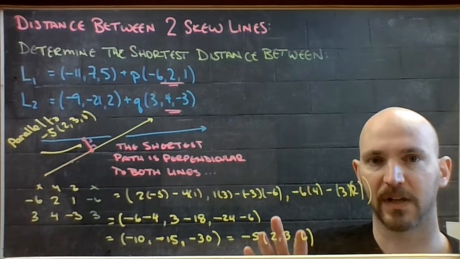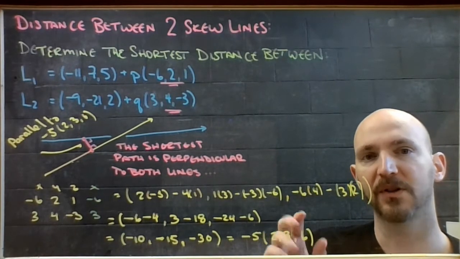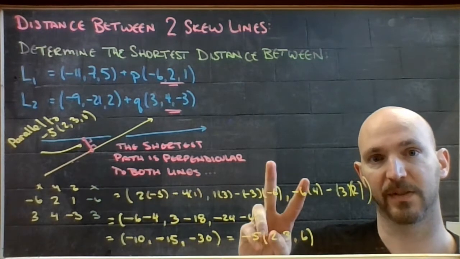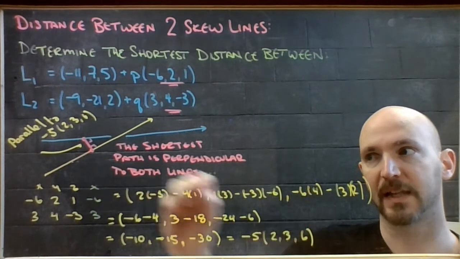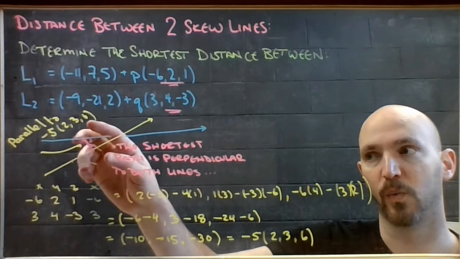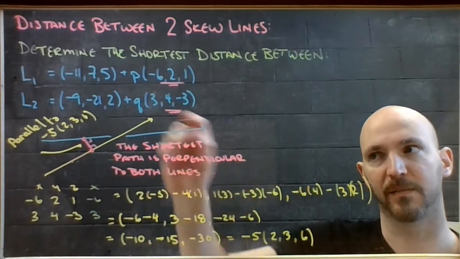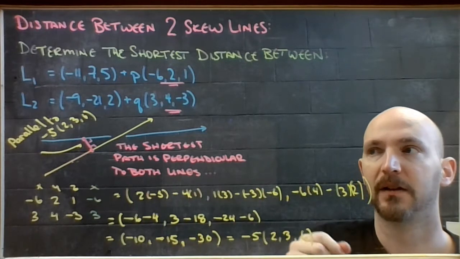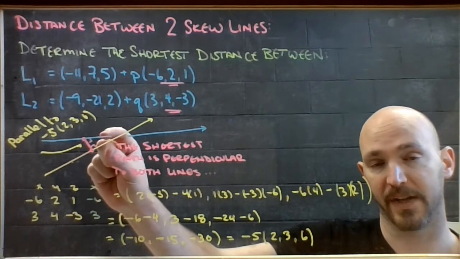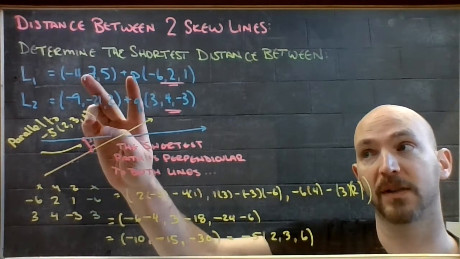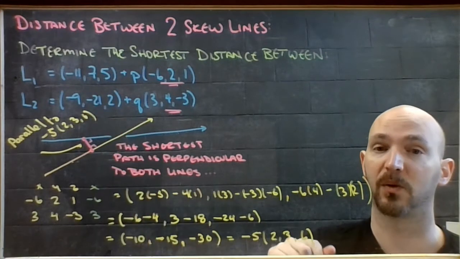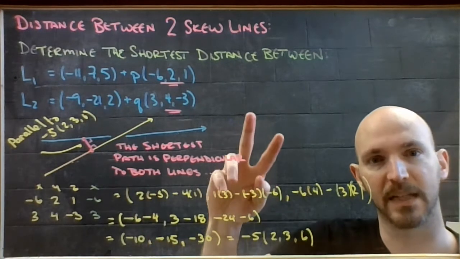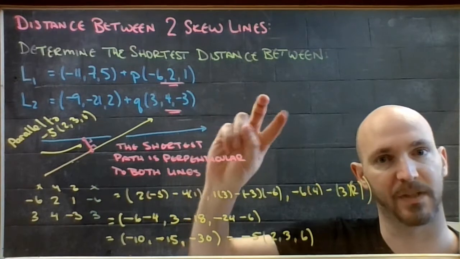So now that I've got this, I'm going to try and construct this vector in two different ways. First off, it's this vector with some parameter on it to stretch it or shrink it. The second way I'm going to construct this vector is to take the coordinates of L1 and subtract the coordinates of L2, right? Like that's how we did a vector from one place to another.